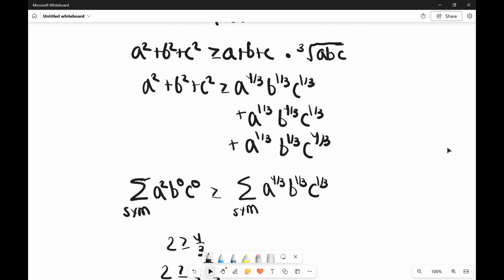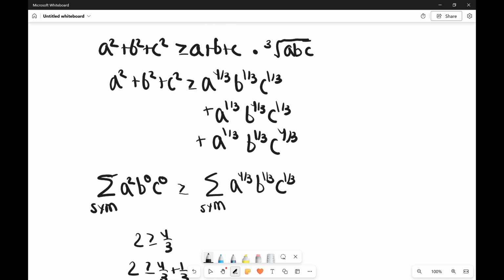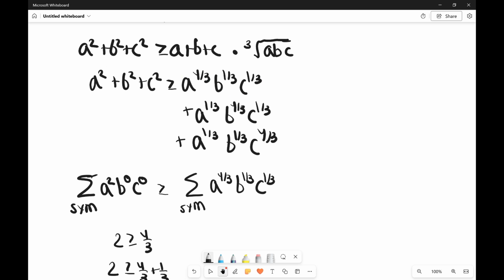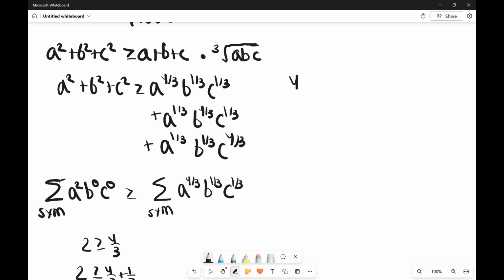And from this, we just need to look at each term of this sort, and we want to get a to be weighted 4 times as much as b and c, and a bit of experimentation yields (4a squared plus b squared plus c squared)/6 is greater than or equal to a to the 4/3, b to the 1/3, c to the 1/3.